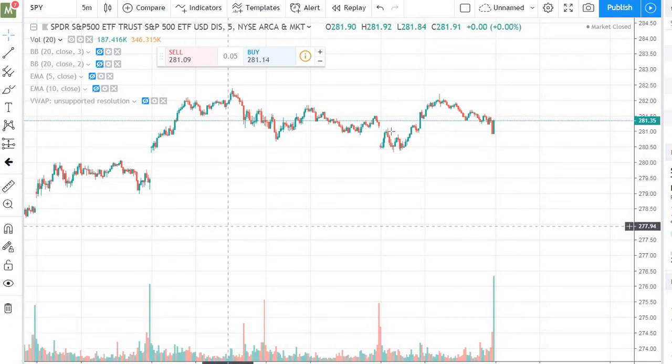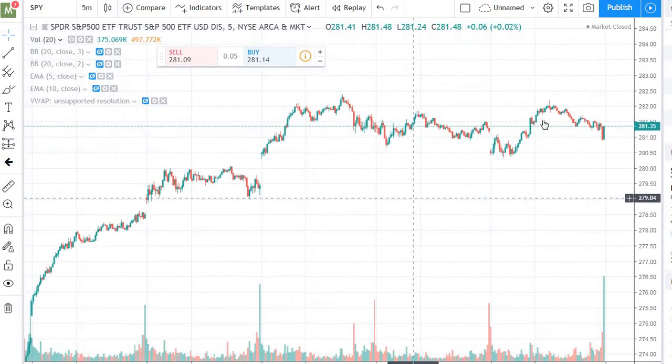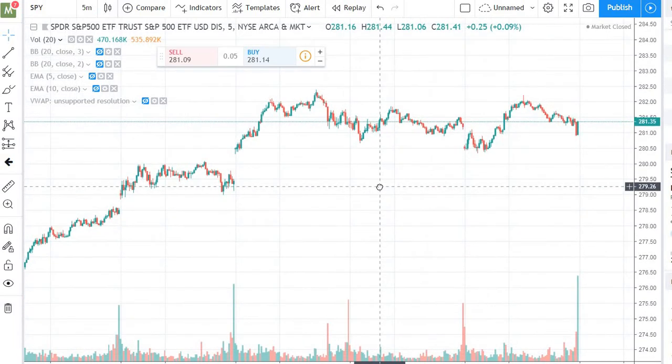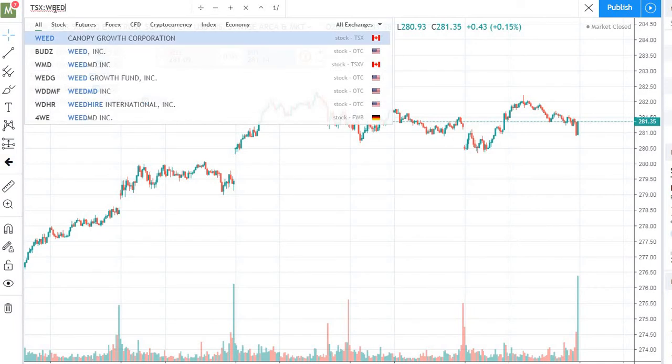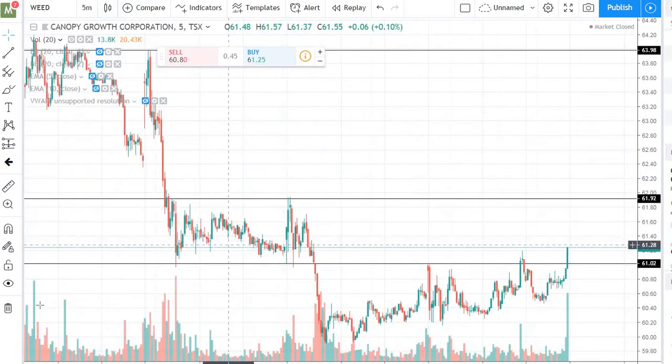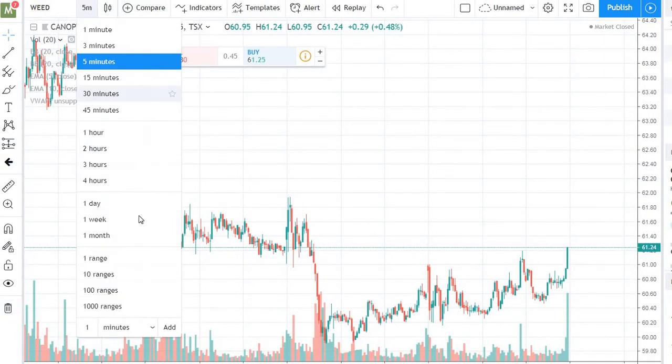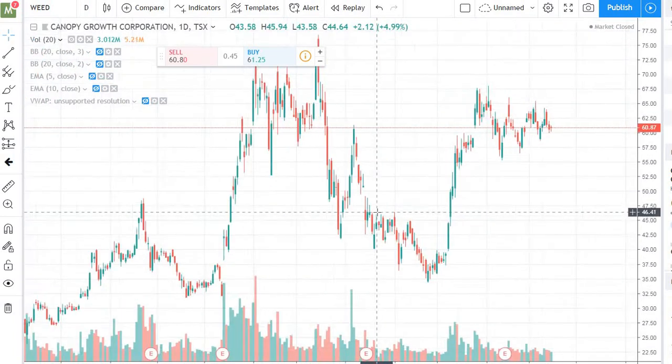I'm going to do just some overall charts for Canopy, and somebody requested FUNKO, so we'll do that. I'll delete my previous lines here. I'm just going to do the daily chart.